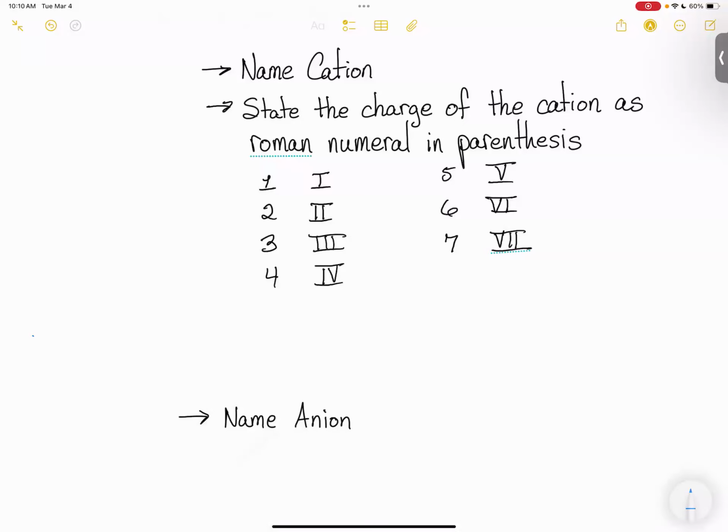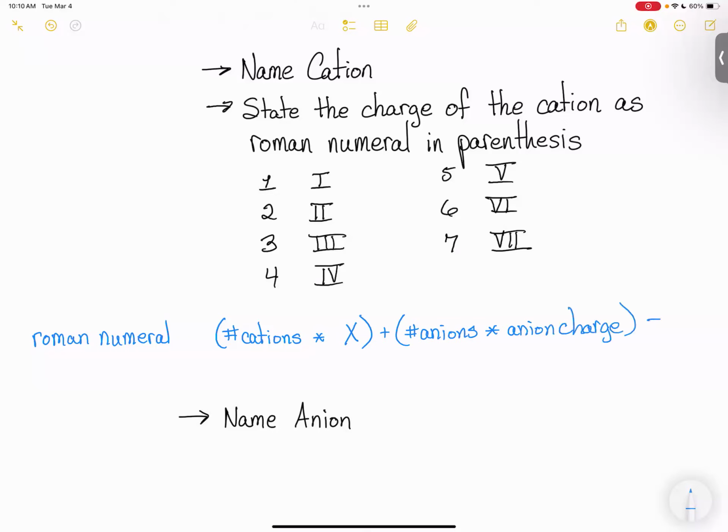Technically, the Roman numeral can be determined with the equation: the number of cations times a variable, you can call it X, Y, Z, whatever, but a variable, plus the number of anions times the anion charge. And that equation is set equal to 0.